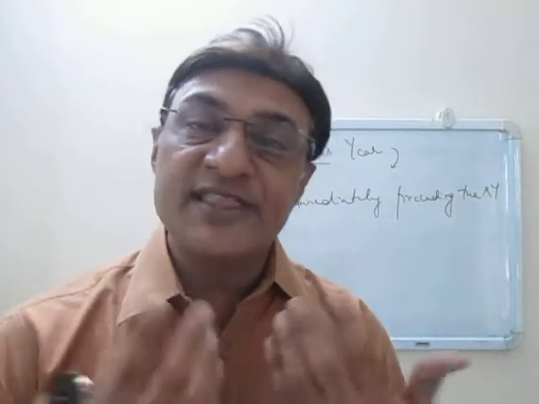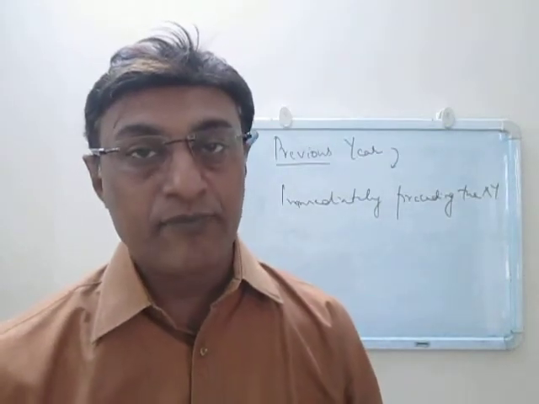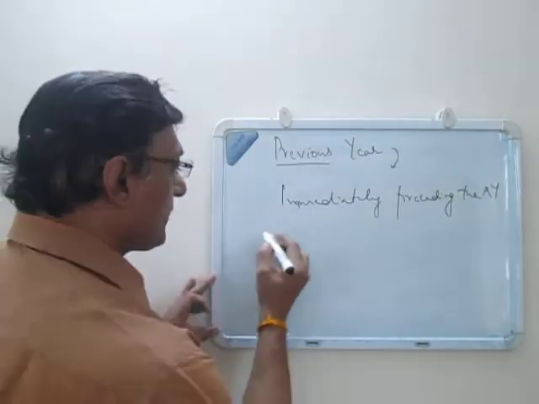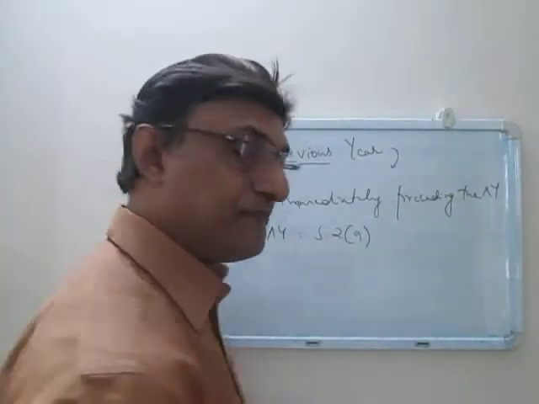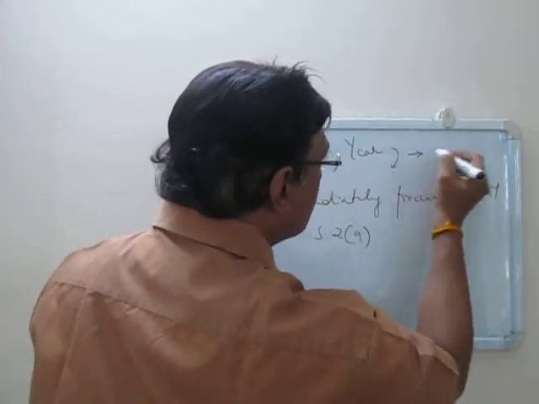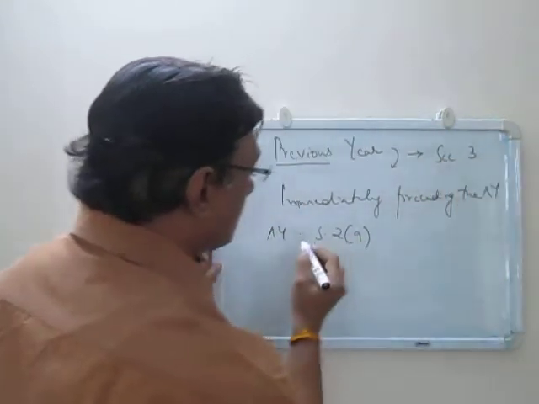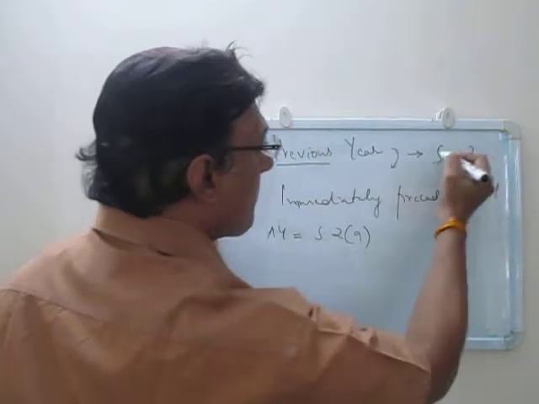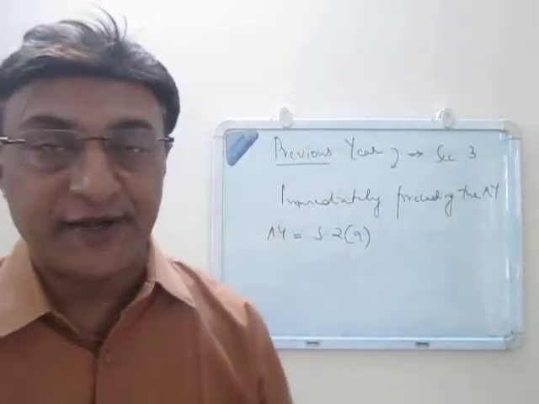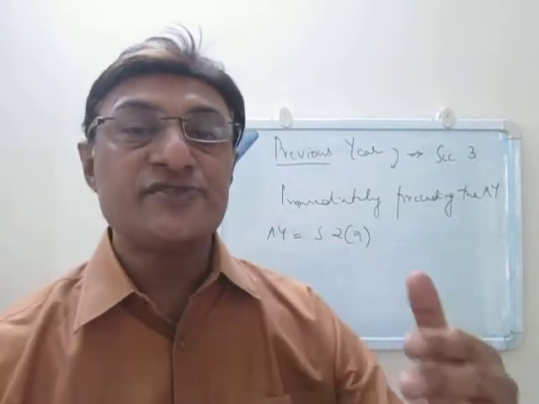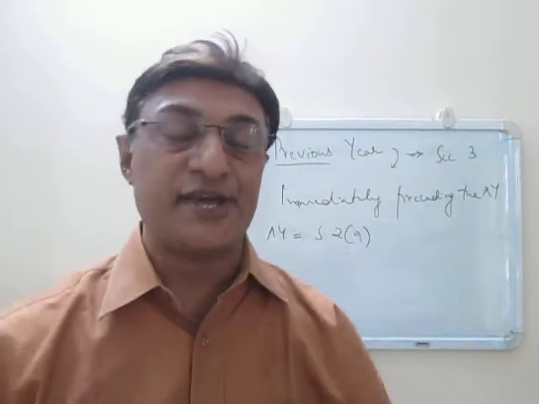Now, why are these two definitions made? Assessment year is given by section 2(9). Previous year is defined by section 3. Why are they defined? That is because of the measurement yardstick.